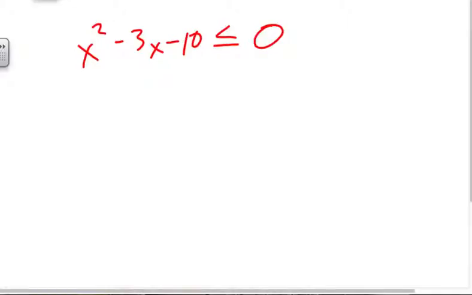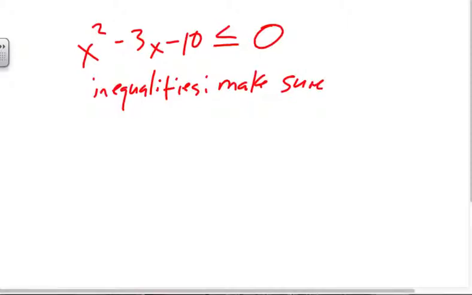This can also be used to solve some nasty little inequalities. For instance, x cubed minus 3x minus 10 is less than or equal to 0. Okay, now in inequalities, make sure they equal 0, like we did with quadratics. So what you do with this now is this is your y equals.